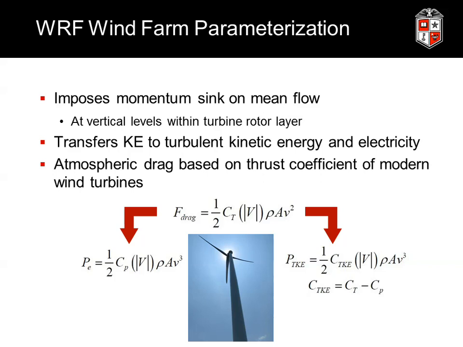So you can see the thrust coefficient here, which is a function of the mean velocity of the wind. And this drag goes into electricity. Here's the power coefficient of the wind turbine, as well as TKE, and this TKE coefficient is simply the difference between the thrust coefficient and the power coefficient of the turbine.